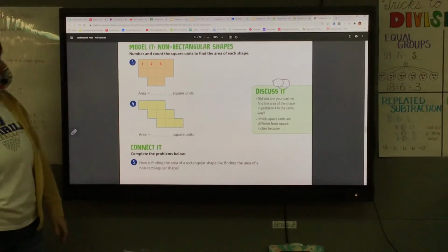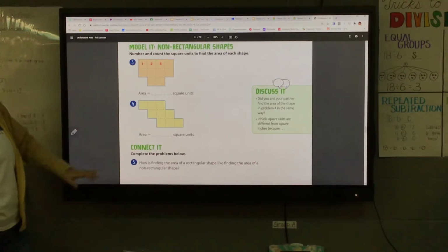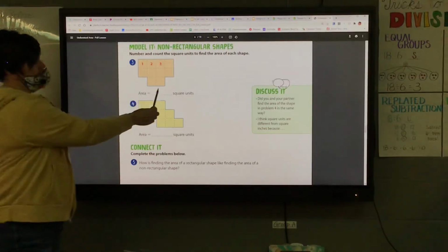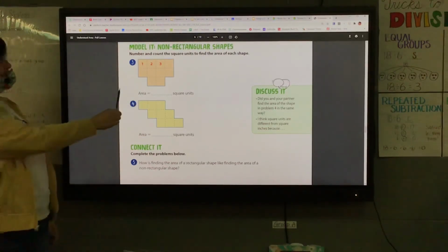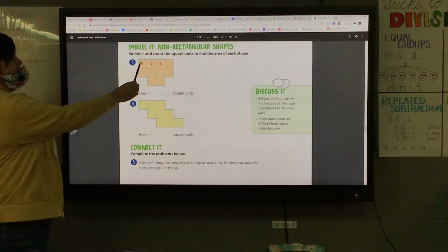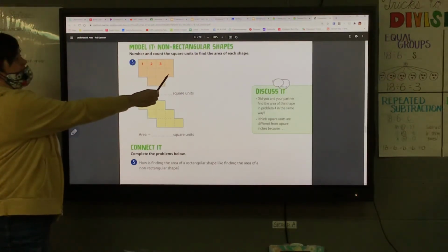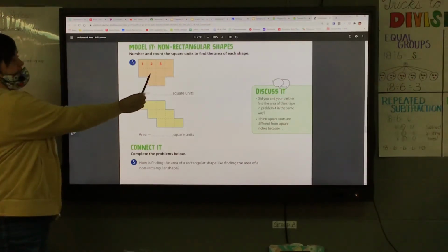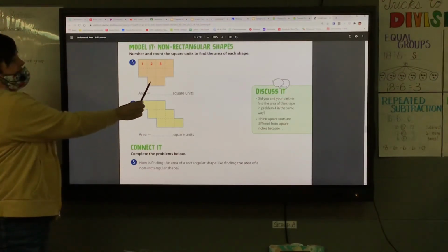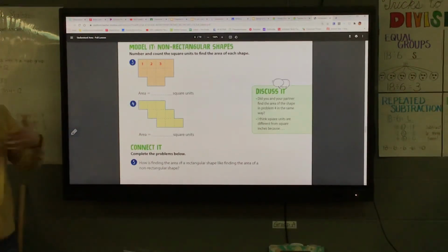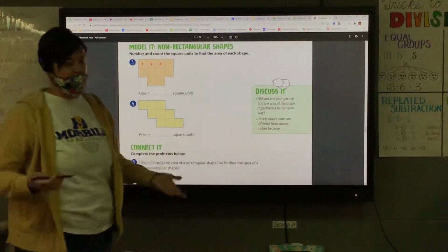Let's look at this first one. We're going to count in these non-rectangular shapes how many square units it is. Count with me on number 3. So they've done 1, 2, 3. What about this one? 4, 5, 6, 7, 8, 9, 10. Jot it down. That area equals 10 square units.